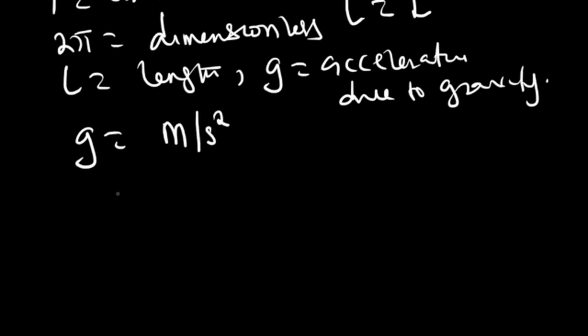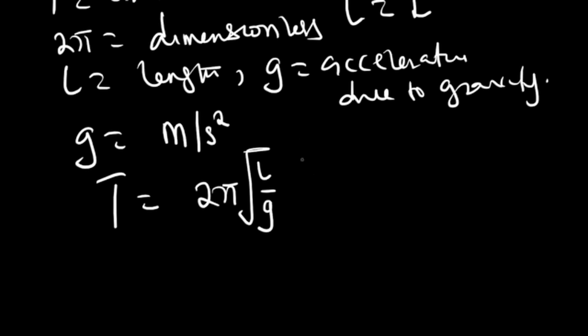Here we have that T is equal to 2 pi multiplied by the square root of L over G. Now, what's the next thing that I'm going to do here? I'm now going to rewrite this using what we call the fractional exponent law. It says that whenever you have a square root of a number, for example the square root of a, this can be written as a to the power 1 over 2.